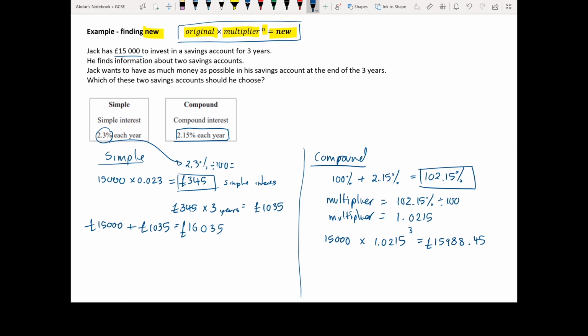From here we can see that we actually end up with less from the compound interest for the 3 years, whereas the simple interest gets us more. The question says, Jack wants to have as much money as possible in his savings account at the end of the 3 years. Which of the two savings accounts should he choose? Choose simple.